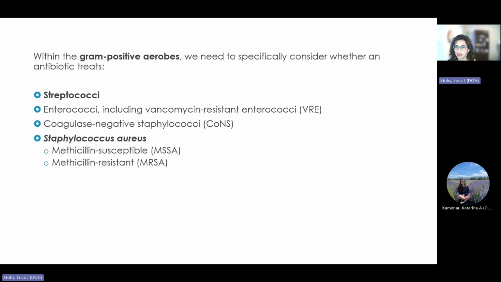And that's where the MSSA and MRSA abbreviations come from. There are other gram-positive aerobes that are important, like Enterococcus, especially if you've heard of VRE, vancomycin-resistant Enterococci, and coagulase-negative staph. So those are staphylococci, not Staph aureus, that are important causes of, for example, central line infections.